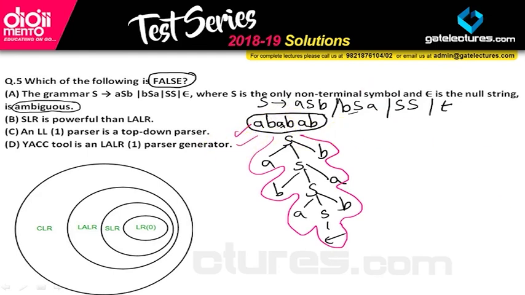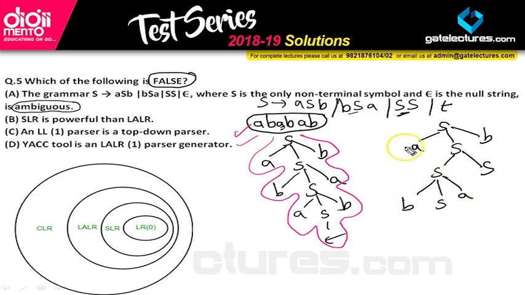Let's see if I can generate one more parse tree for the same given string. Let's say I first produce A, S, B, using this production this time. Next I want this again, so let's produce B, S, A. Next I want B, so again I will use the same production.